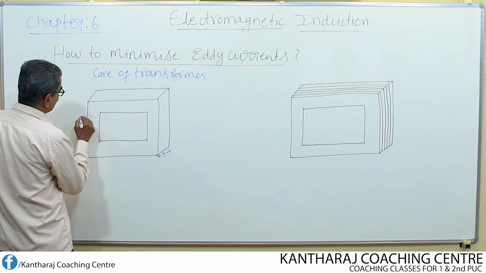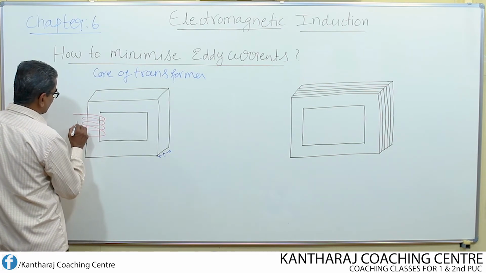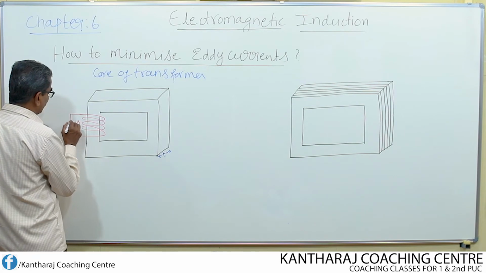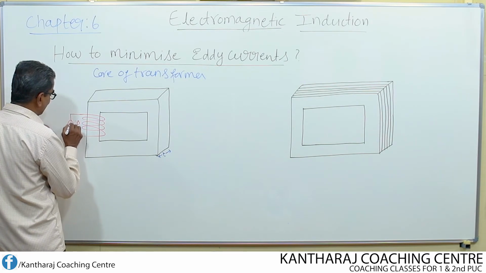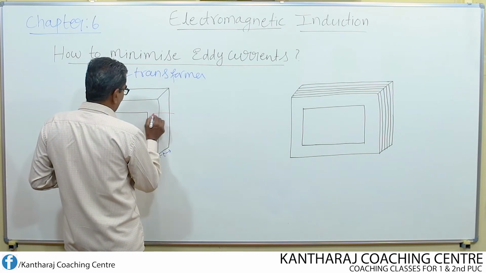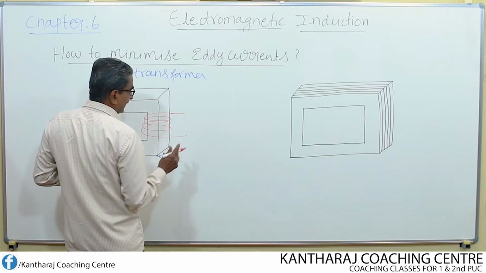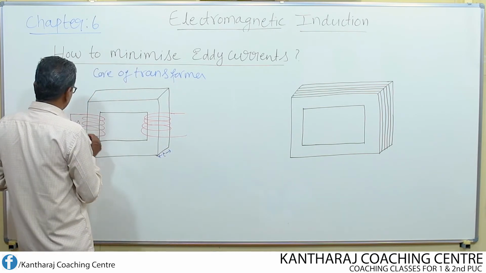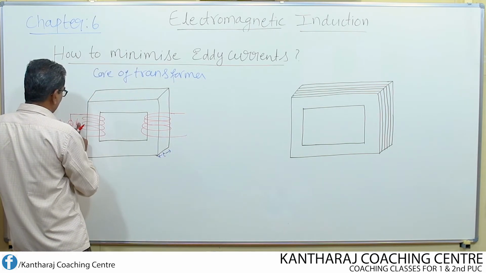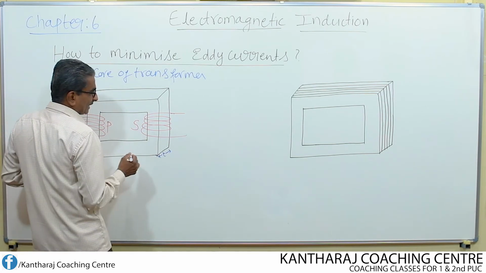Usually a transformer consists of two coils of wire. One coil is known as the primary, which is connected to input, that means connected to AC, and another coil is the secondary of the transformer. So, if this is the primary coil, this will be the secondary.